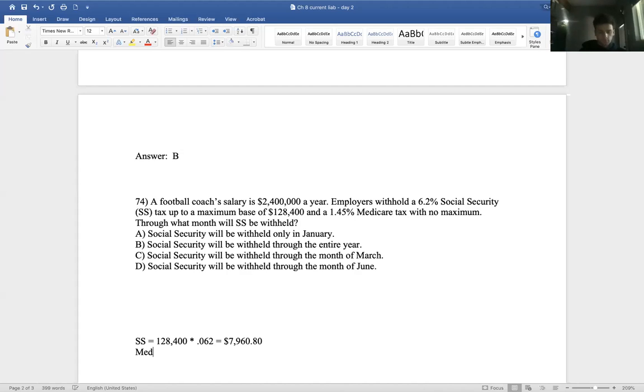And then the Medicare, since there is no maximum base, would be the 200,000 times 0.0145, which is 2,900.